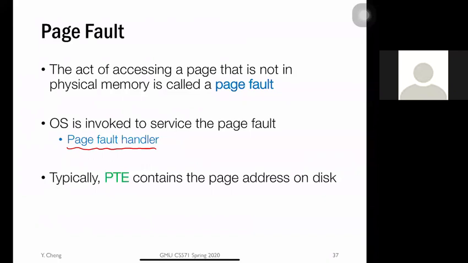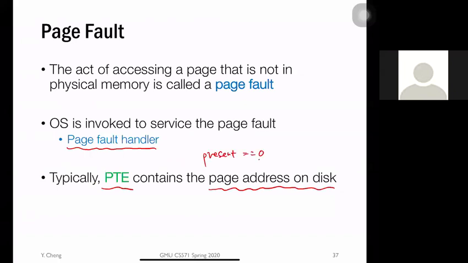Again, as we've already seen multiple times, the page table entry contains information indicating the page address on disk if the present bit is 0.